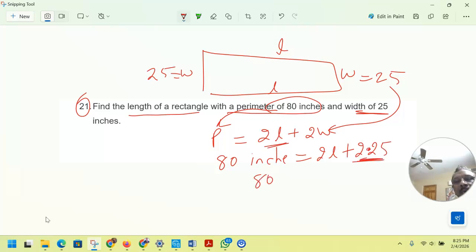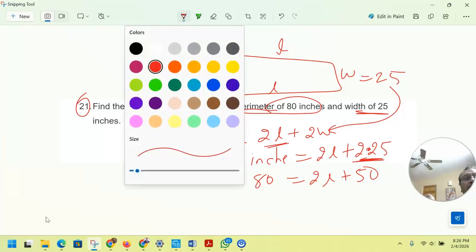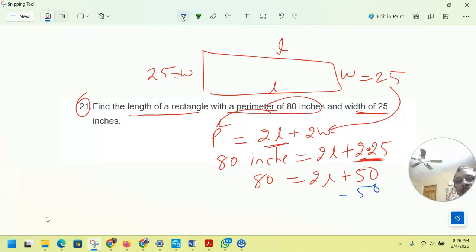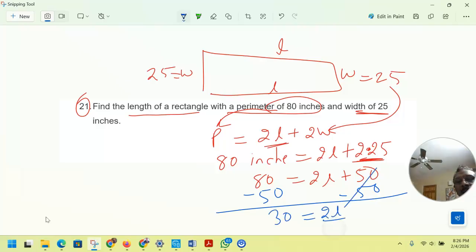So 80 equals 2 length plus 50, and then you subtract. If you subtract 50 both sides, you get 30 equals 2 times length, and divide by 2, we get 15. So length is 15 inches, and you're done.